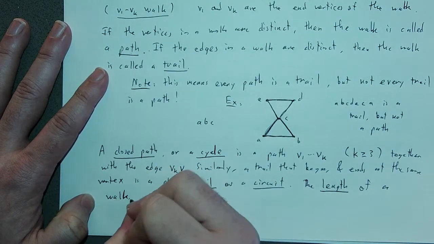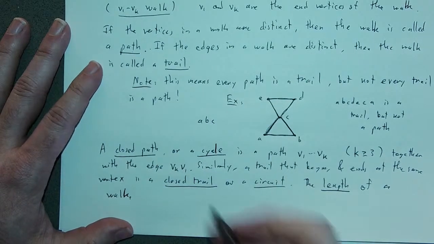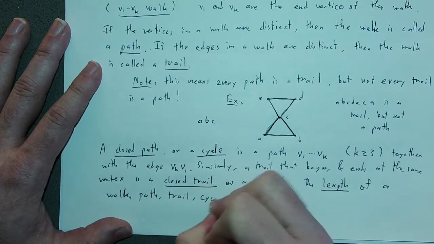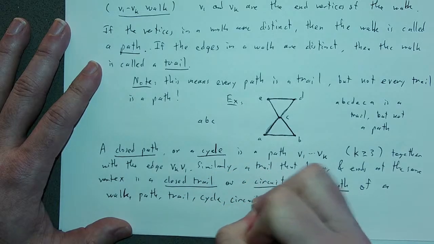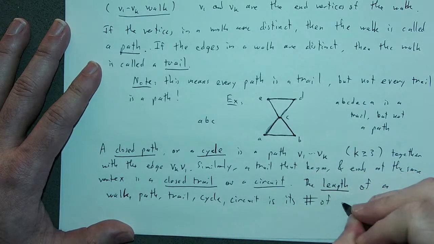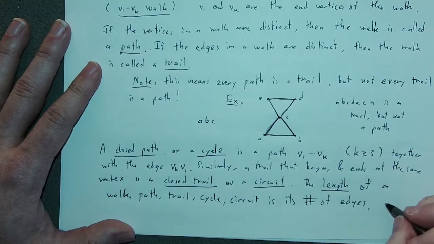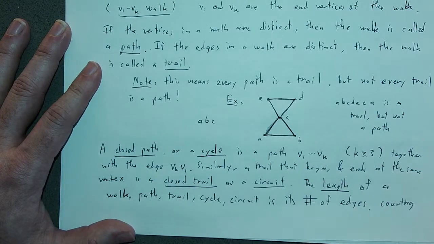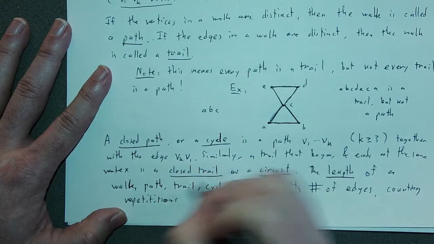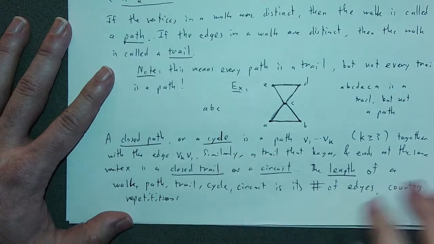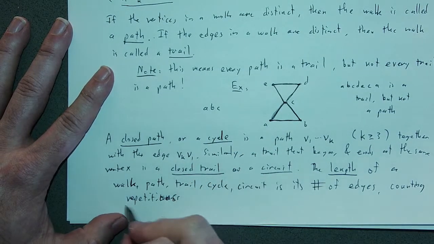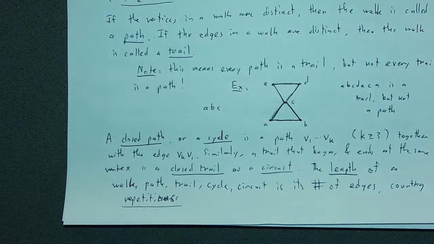So the length of a walk, all of these are walks, so I could just stop there, but just to emphasize here, path, trail, cycle, circuit is its number of edges, counting repetitions. Failing spelling class here. Okay.